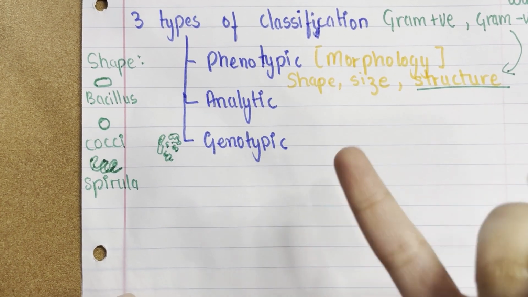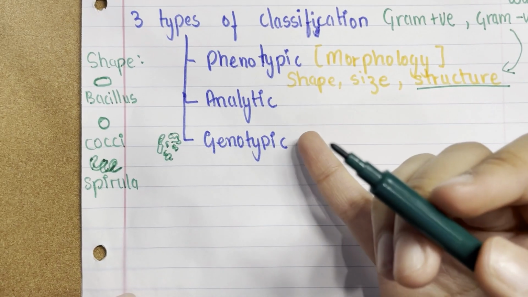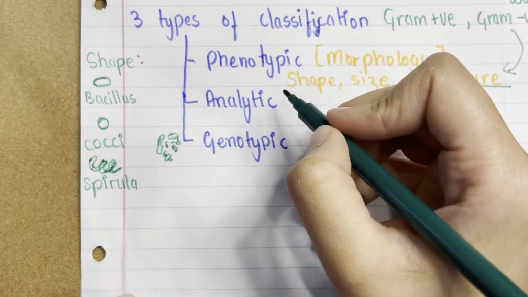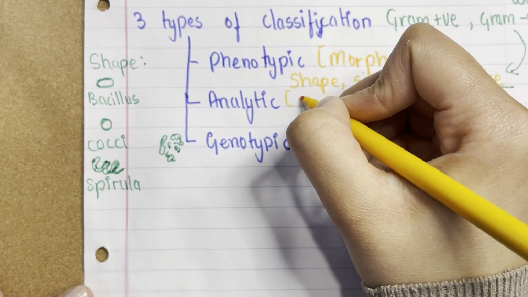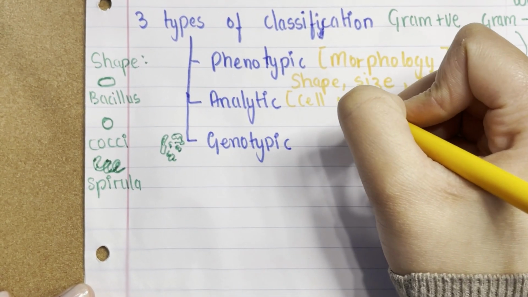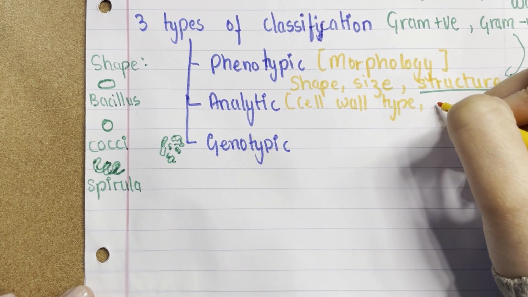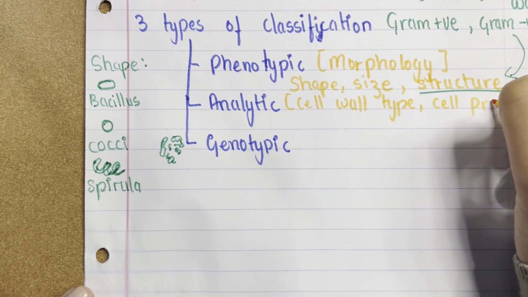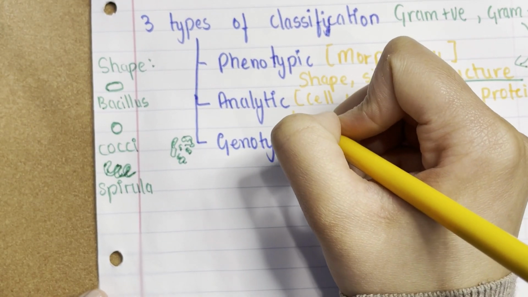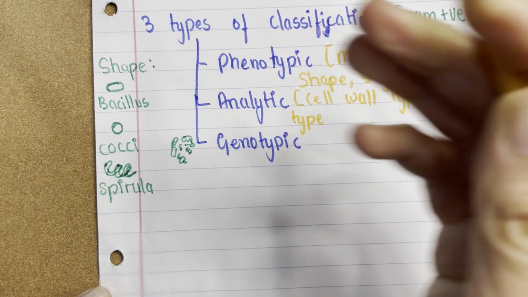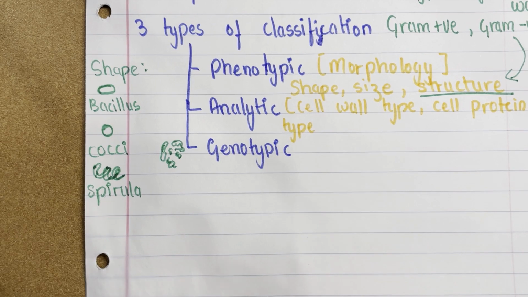When we say analytic classification, we talk about the cell wall type, the cell protein type, because every organism, even in prokaryotes, has different proteins, and they have different functions of proteins.